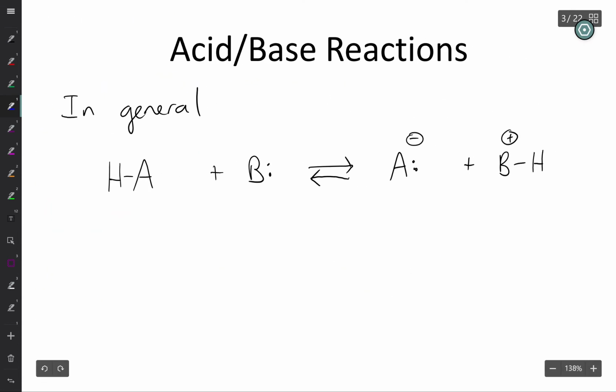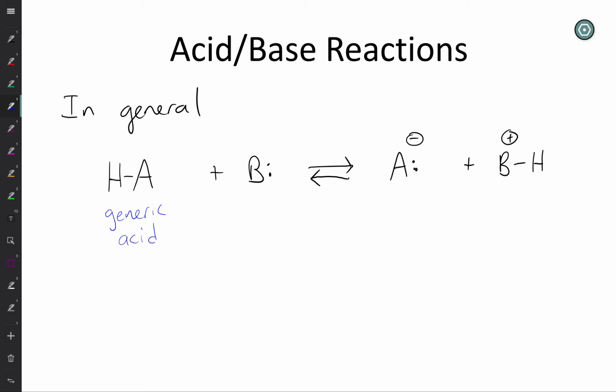Just in general, this won't always be HCl and water. So in general, we often draw this as HA and B. So HA is standing in for our generic acid. If you ever see HA and you're confused because A isn't on the periodic table anywhere, the A there is standing in for whatever the rest of the molecule is.